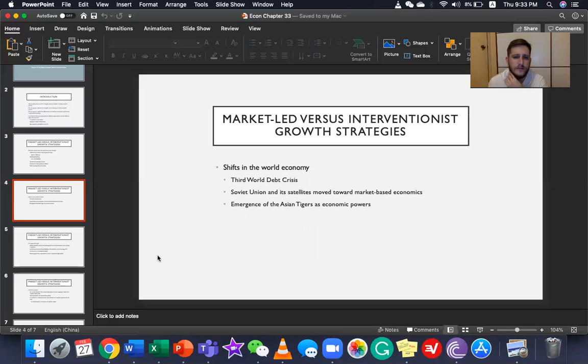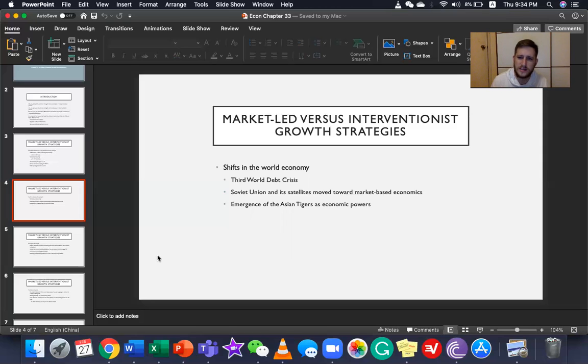What kind of caused this shift towards more market-based economies, and this is something we've already addressed, is that in the 1970s and 1980s there was that massive public debt issue where banks were lending way too much and they realized that you can't do that.